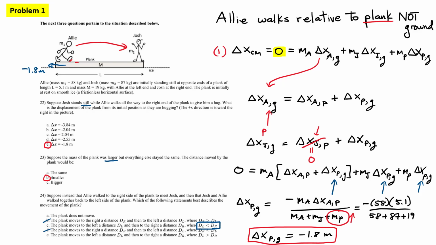The more mass you shift to one side is going to give you more motion of that plank in the opposite direction, because we want the position of the center of mass to remain the same. So since we are moving mass, the plank will move, and the best choice here is actually choice C. The motion on the left is going to be less than the motion on the right.